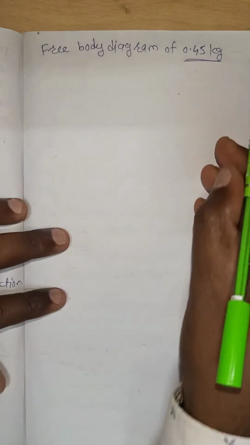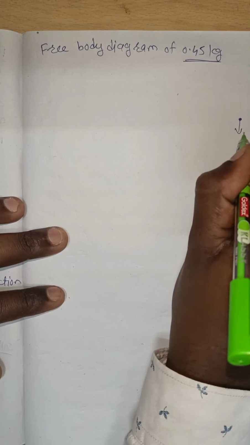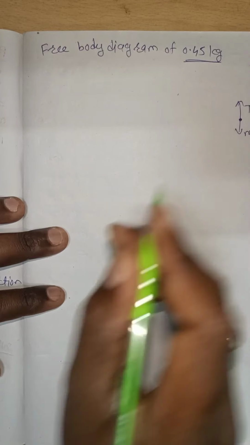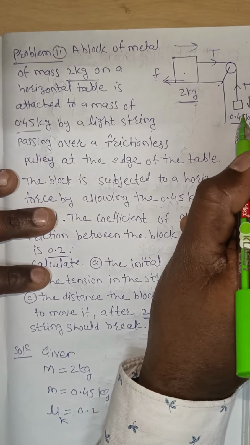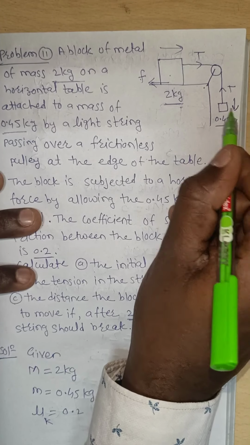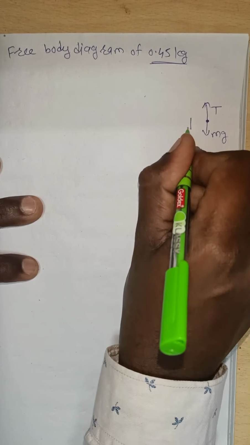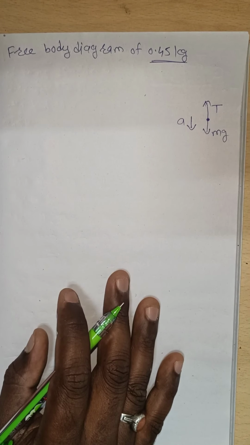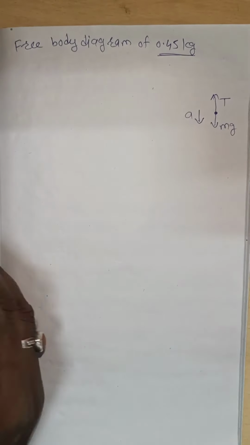On that block, the mg force is in downward direction and tension force is in upward direction, and the direction of acceleration is towards the downward direction. This block is moving in that direction, so the direction of acceleration is downward. Here no horizontal component of force is present, only a vertical component of force.